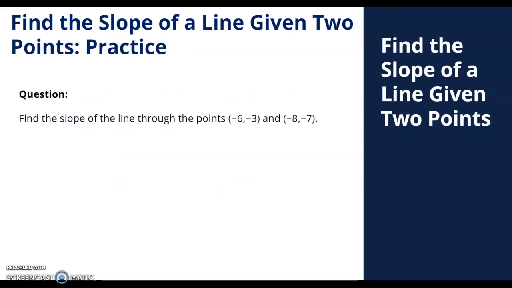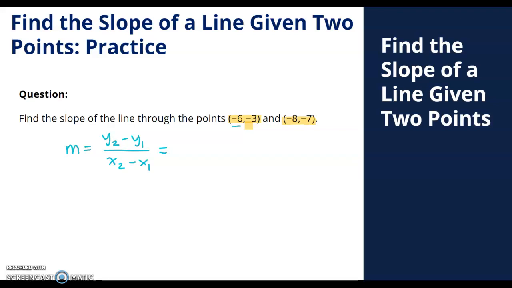Another example, find the slope of a line through the points -6, -3, and -8, -7. Now, using the formula for the slope, which is given by m is equal to the change in y, so that would be y sub 2 minus y sub 1 over the change in x, x sub 2 minus x sub 1.